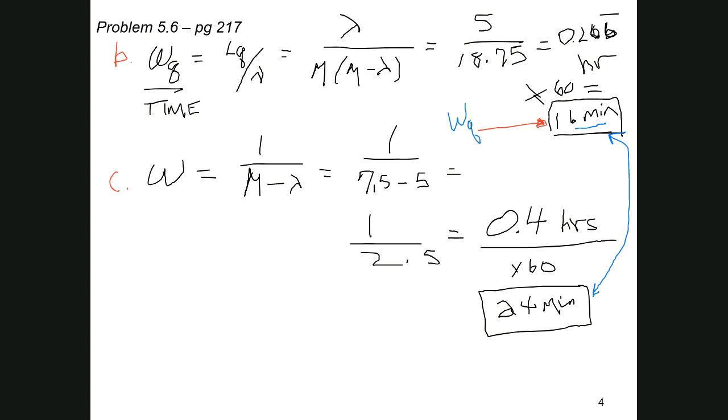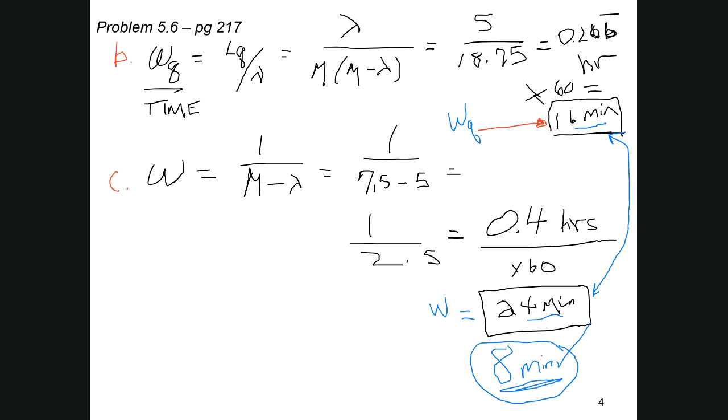And then the total time in the system until it cleared the runway was 24 minutes. What's the difference here? The difference is 8 minutes, which is the 8 minutes of service time. So that's good. You would hope that you would see that would be the case.